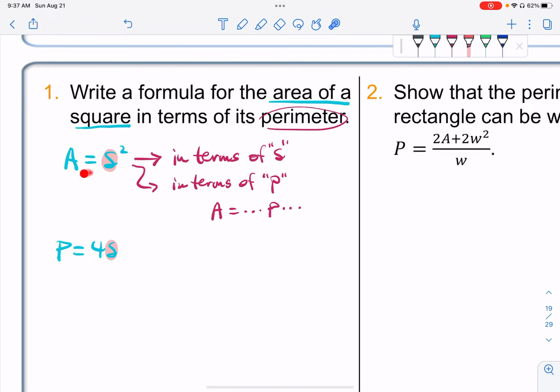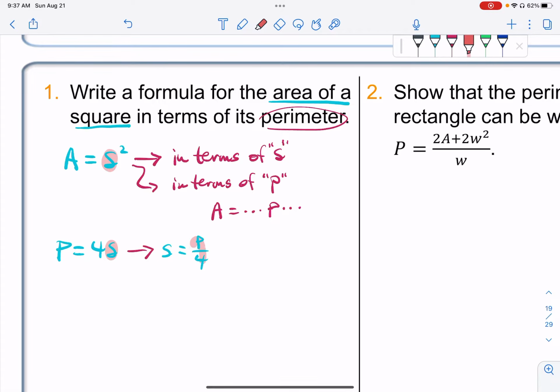I need to leave my formula as A equals stuff. So it stays put, and I'm going to solve the perimeter formula for S. The 4 is being multiplied times S, so I'm going to divide it over to the other side. So I have S is equal to P over 4.